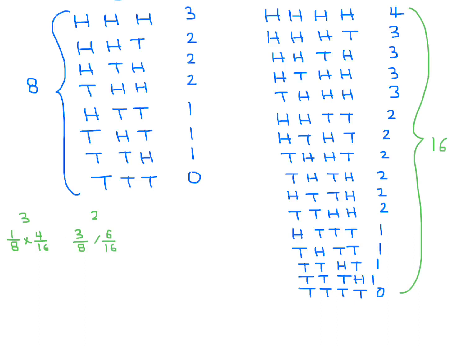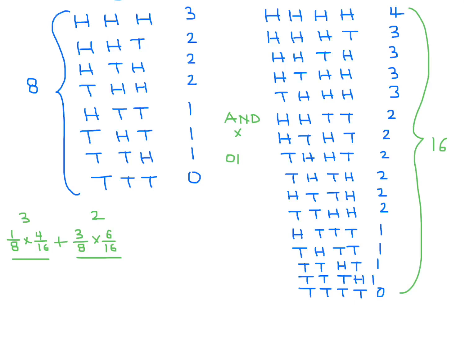So 6 over 16, and again, I've got to multiply it because it's an and. Now, what about these guys? Do I multiply? No, I add. Why? Because it's an or. This or that. Remember, in probability, if it's and, you multiply, and if it's or, you add.